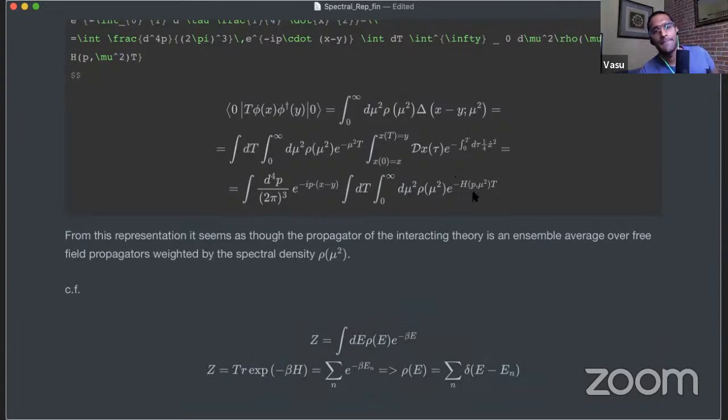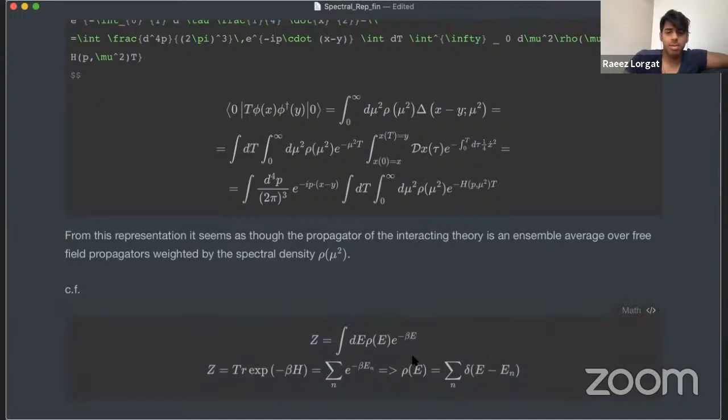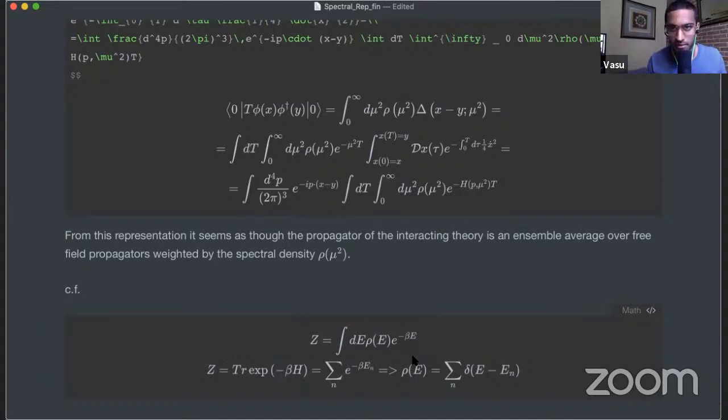Anyway, you see the direct parallel between this spectral density and this density of states, right? So now it's clear that knowledge of rho is equivalent to knowledge of the spectrum of the theory.